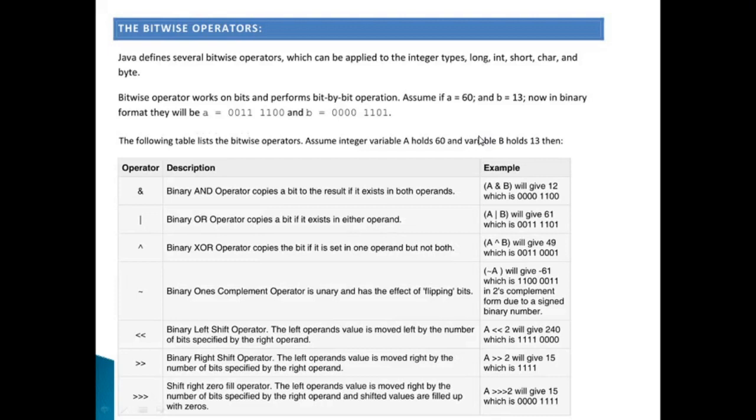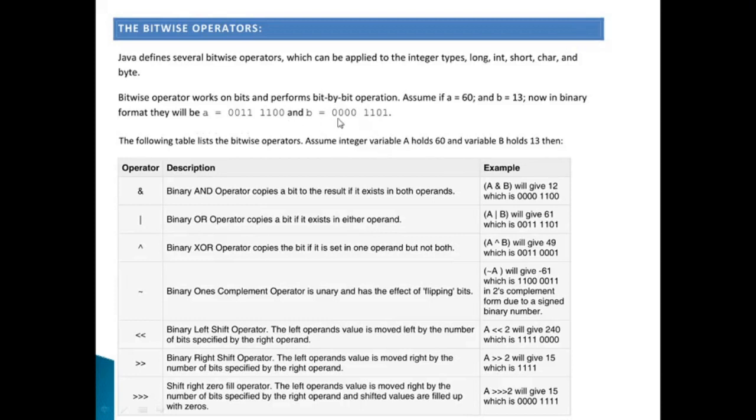Yes, I was talking about bitwise operators. What we did was perform bitwise AND between the two variables A and B. A has the value 60 and B has the value 13. We have converted these values to binary, and then we are ANDing the integers bit by bit. So this will result in what? A and B will give 12. Why?